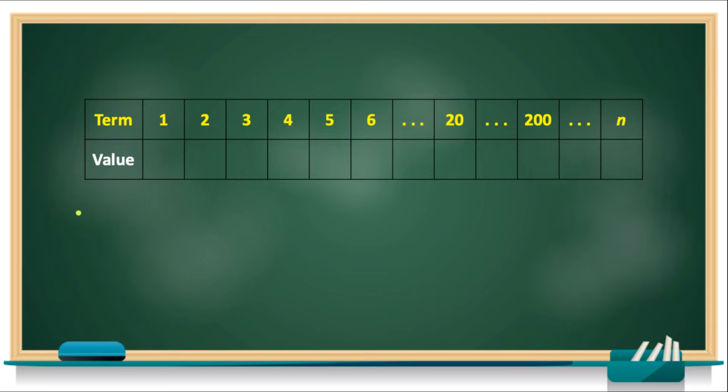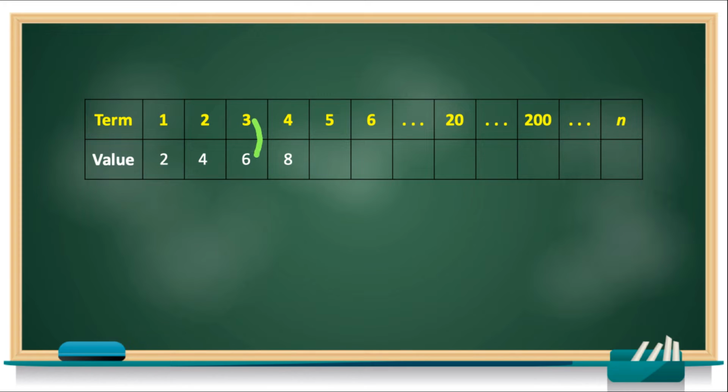The upper part of the table are the terms. Remember the terms where we say first term, second term, and so on? So for every term or position, there is a corresponding value. So in the first term, the value is 2. In the second term, the value is 4.